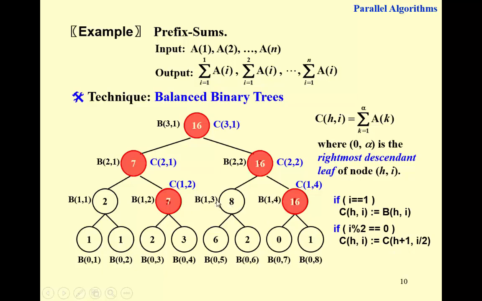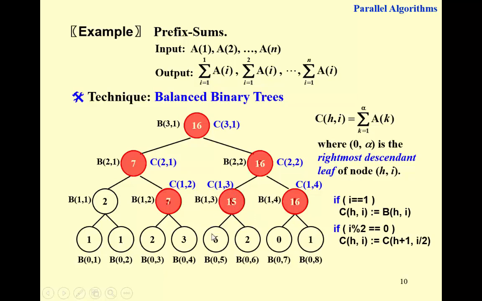By definition, it's supposed to be the prefix sum from 1 to this node, to 6, right? And what we know is that B of 1,3 is the sum of these two numbers, and this one gives the sum of the first four numbers. So altogether we get 15 for C of 1,3.